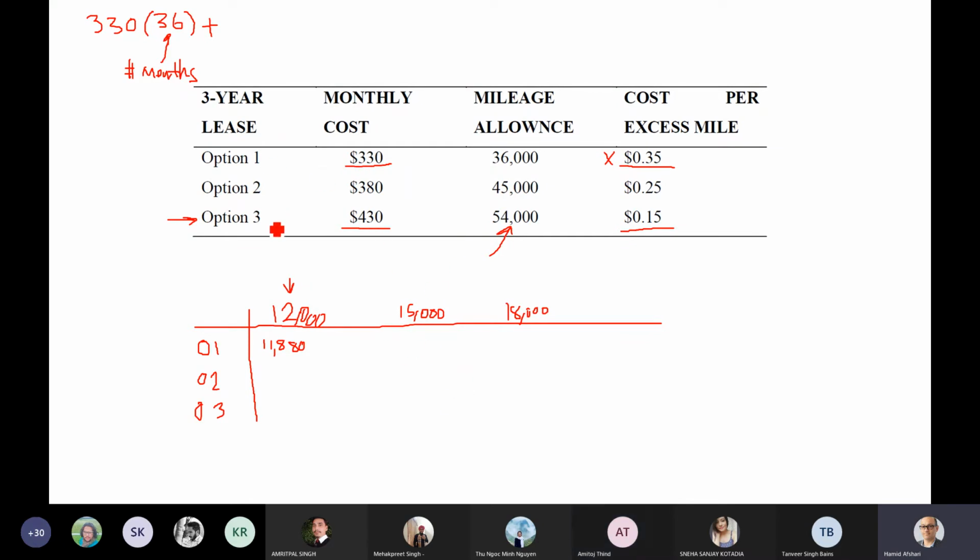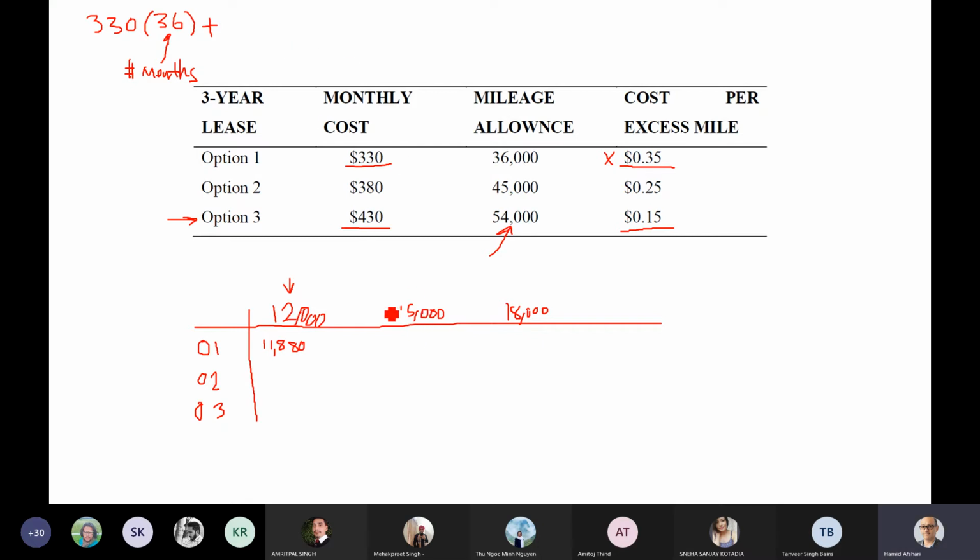The next option is that she still goes with option number 1, but we need to calculate the cost for 15,000 miles. So it will be the same: a monthly fixed cost plus a variable cost. How much is the variable cost if she drives 15,000 miles on average?